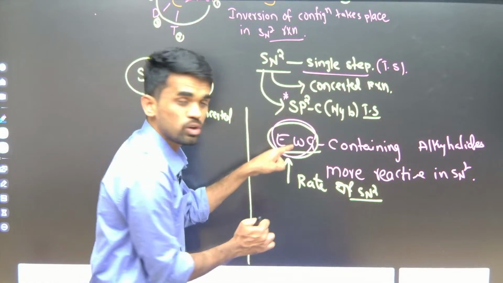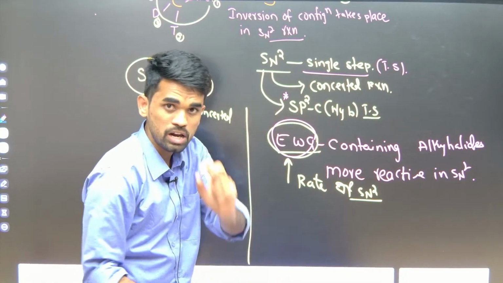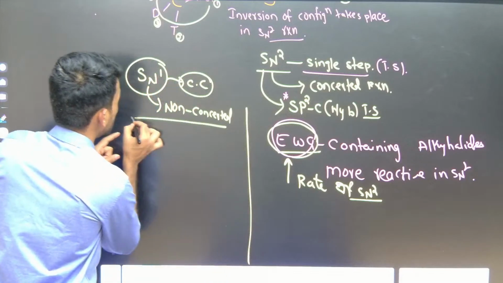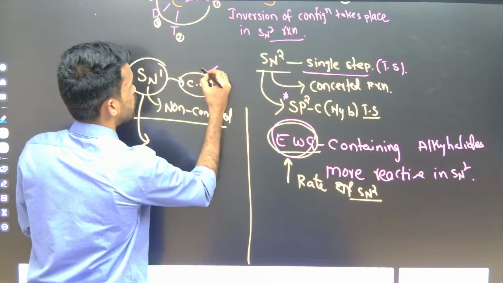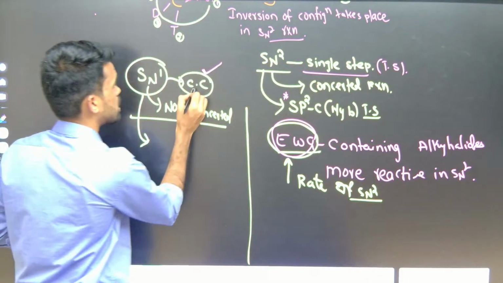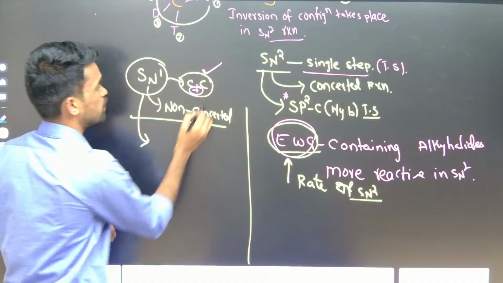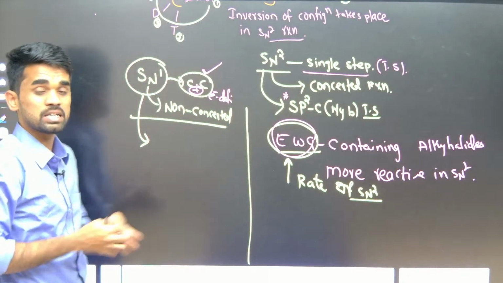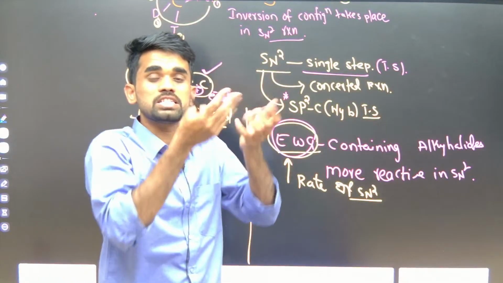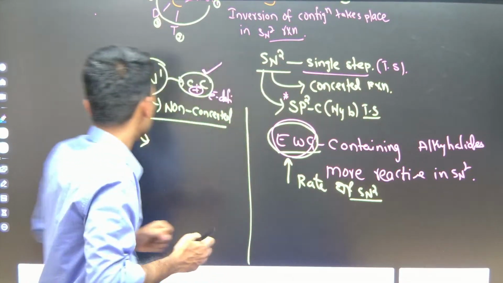Now I will be giving you a few questions related to this. Hold on for a few more minutes. Let me add one more statement for SN1 reaction also. What is the intermediate formed in the SN1 reaction? It's the carbocation, right? It's electron deficient. Now, what type of groups increase the stability of a carbocation?